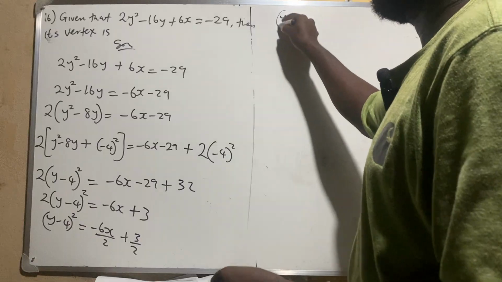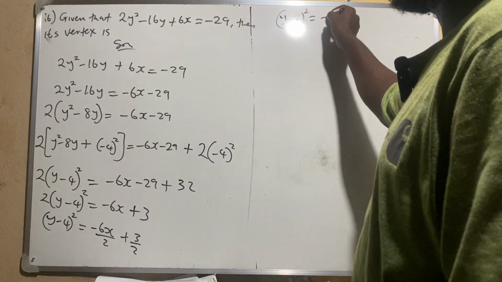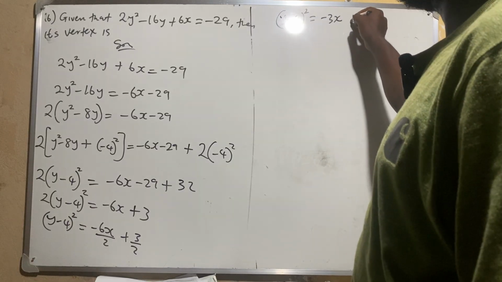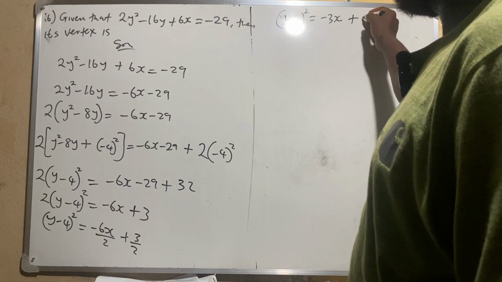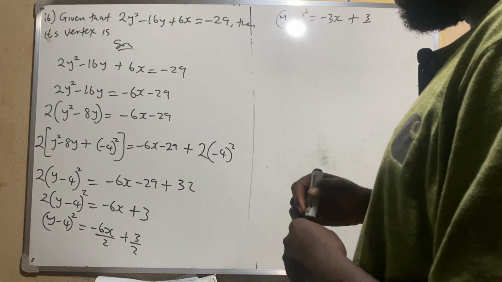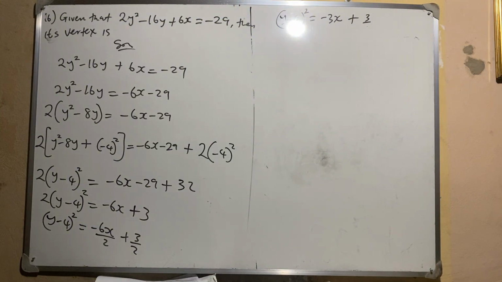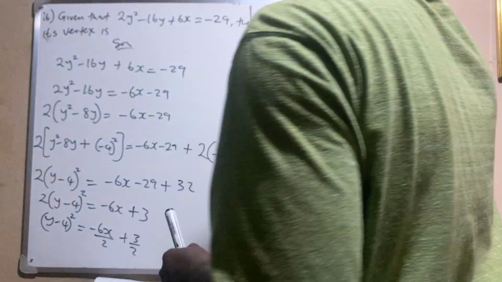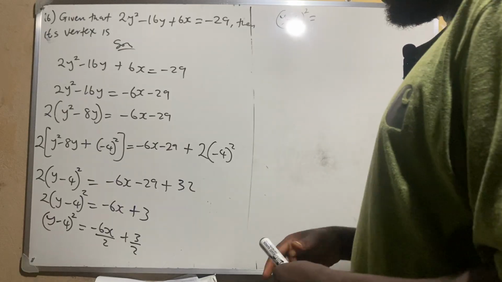y minus 4 all squared is equal to what? Minus 3x plus what? 3 over. Okay, sorry. We need to factorize. Let us factorize by bringing out 3 over 2.